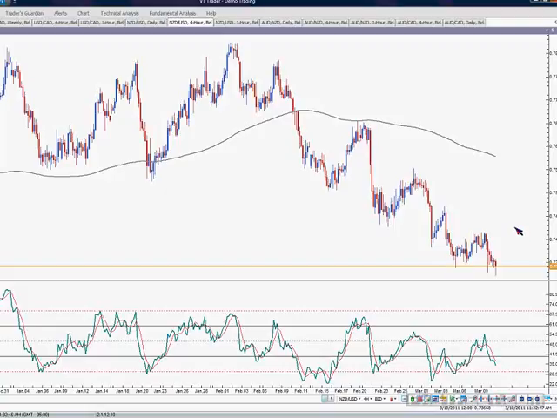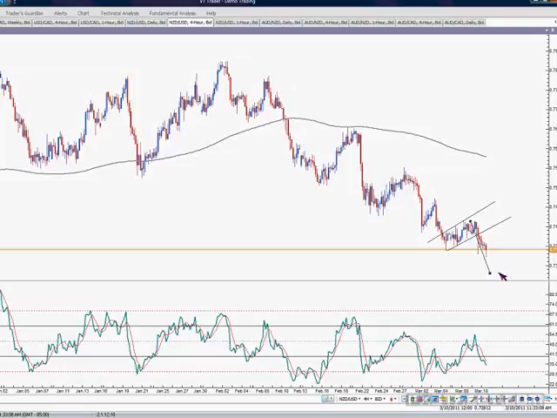We basically have a flag pattern, as we mentioned, in the 1-hour time frame. Actually, we could see it here as well, where we would use this swing projection. So the market hasn't gone to that yet, 0.7285, but we did break below this previous low that was set after the interest rate statement.